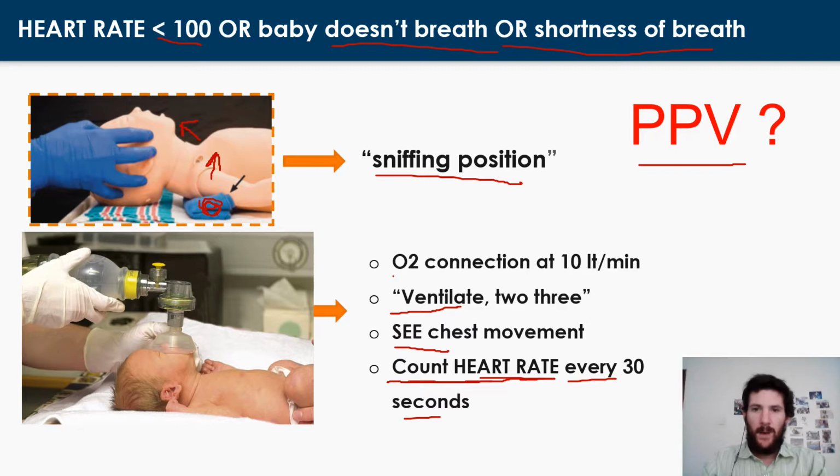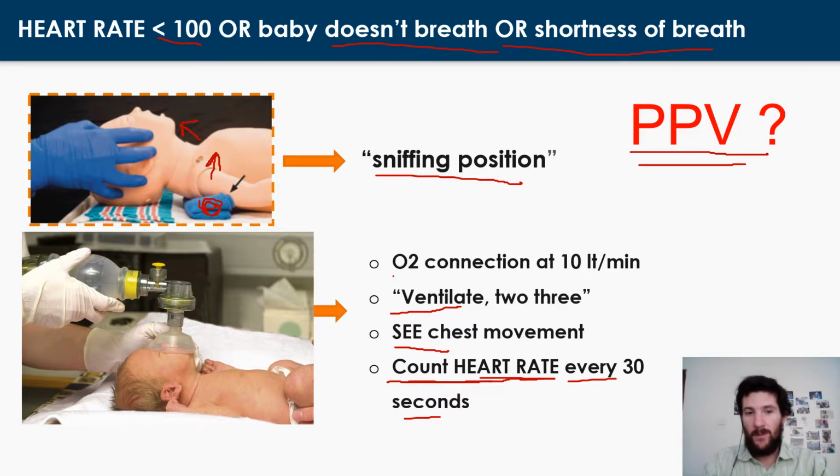Okay? And why is the PPV so important? Because, in contrast to cardiorespiratory arrest in the adult, here the cause of the cardiorespiratory depression, like the cause of the bradycardia of the baby, is hypoxia, because the lungs are not working well, are not expanding well, and that is very common in newborns.